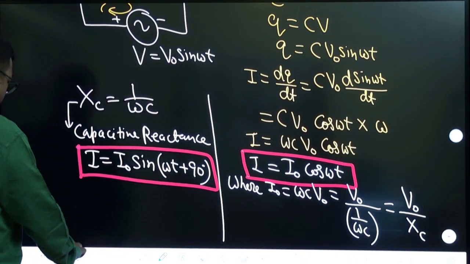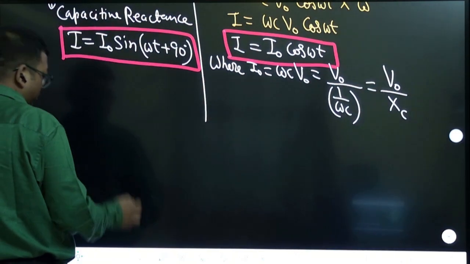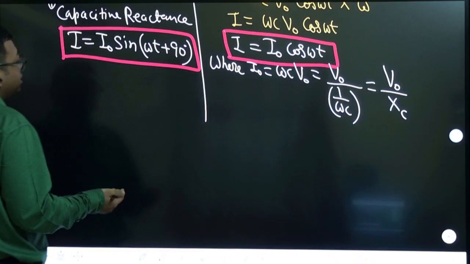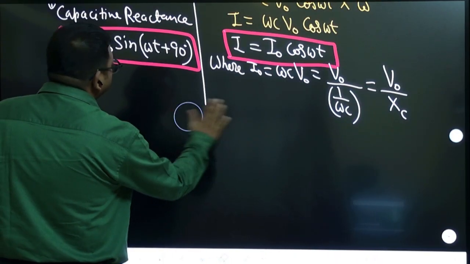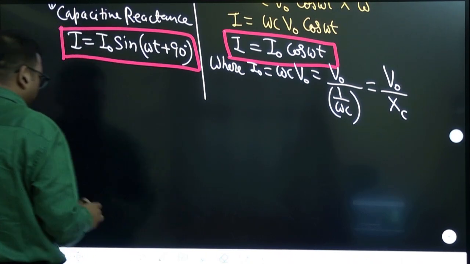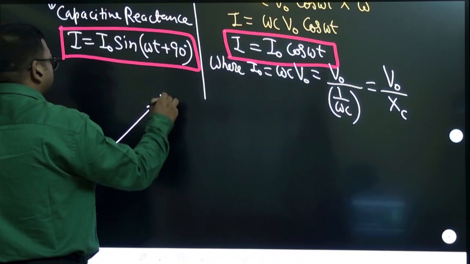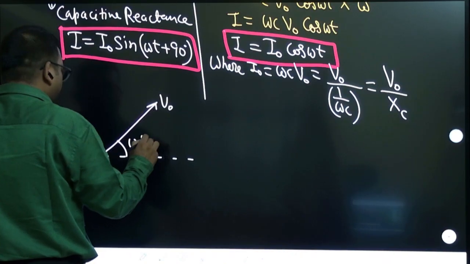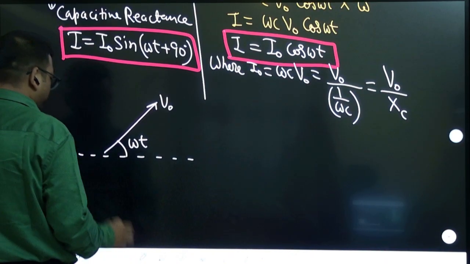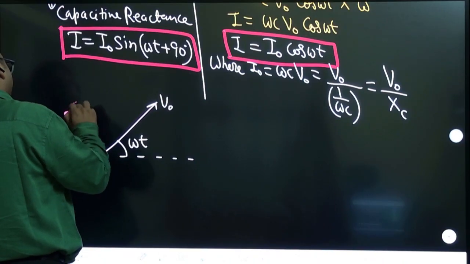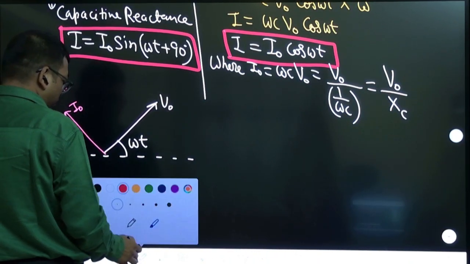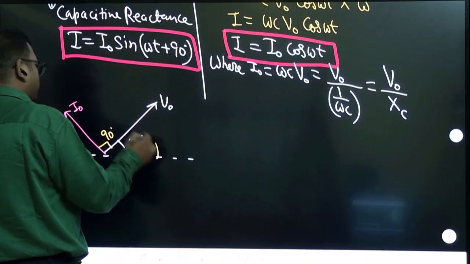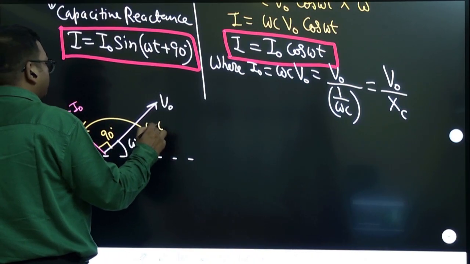So now you draw the phasor diagram, because from the phasor diagram everything is clear. This is the voltage signal, this is your omega t, and now current I naught has to go this way, this angle will be 90 degrees. So this is omega t plus 90 degrees.